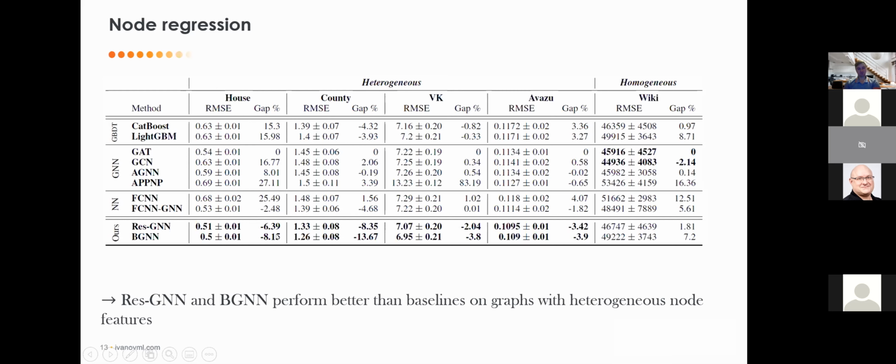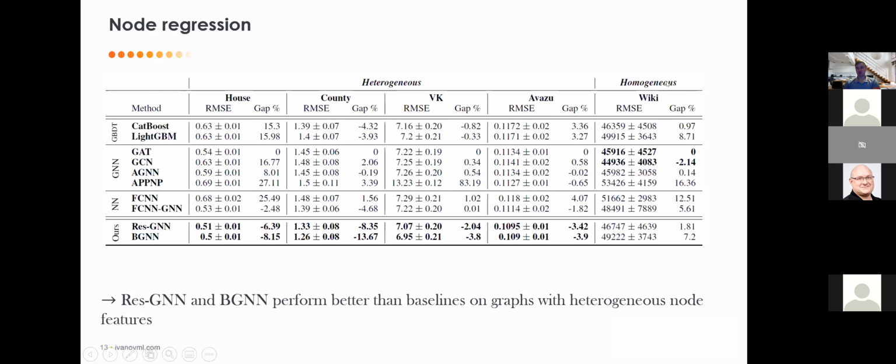So it's 8% for house, 13% for the county dataset with respect to graph attention network. And you can see, the smaller this number, the better, because we want to reduce the RMSE error. And you can see that for heterogeneous datasets, our models achieve the top 2 results.